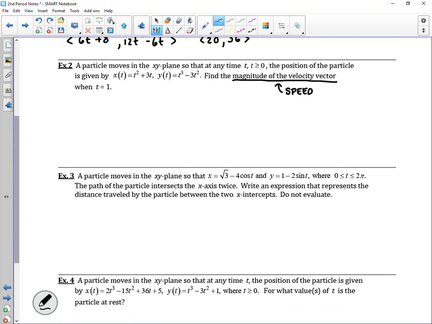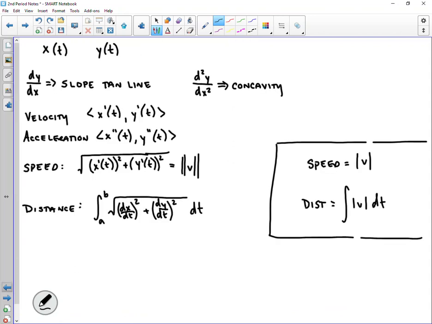Okay, I want you to do example 2 for me, because we already went over what the magnitude of the velocity vector is. I'll go back to that page so you know.